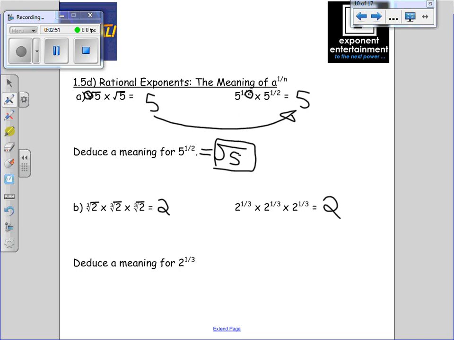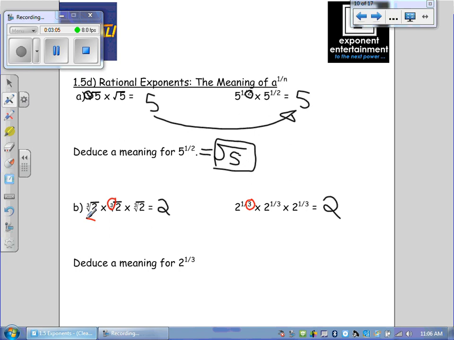What are our indexes on this one? Our index is 3. What's our denominator, the number on the bottom? It's also 3. So what's the meaning of 2 to the power 1/3? Cube root of 2. Yeah.